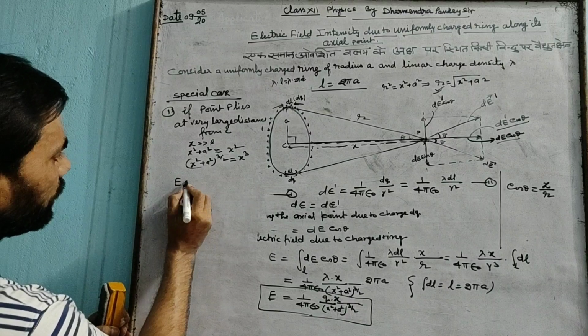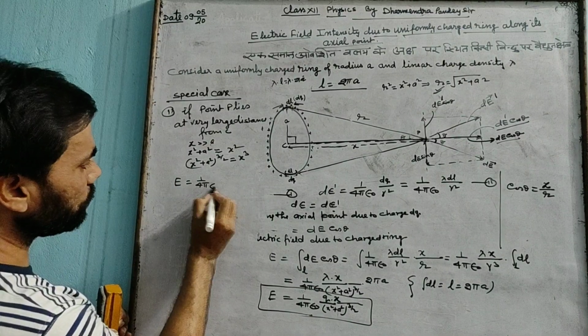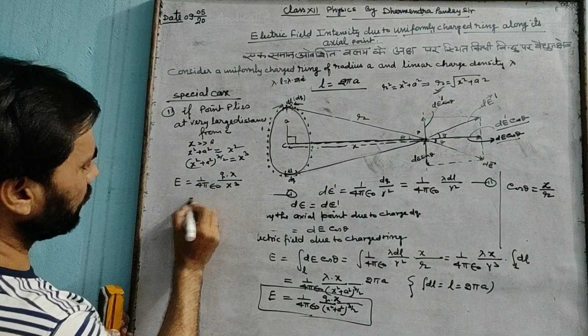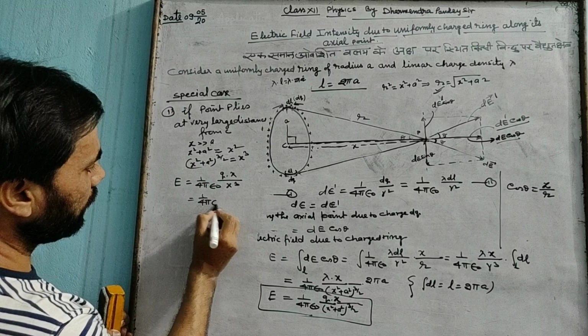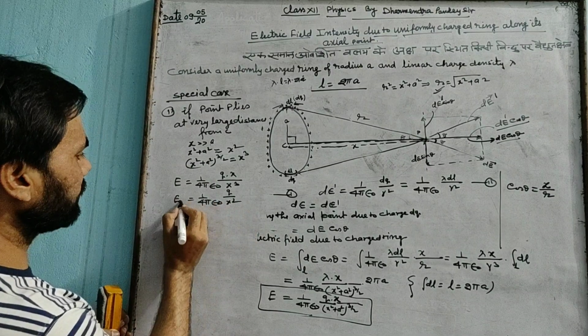So E can be written as equal to 1 upon 4 pi epsilon 0 q into x upon x cube, that is 1 upon 4 pi epsilon 0 q upon x square, E at the axial point.